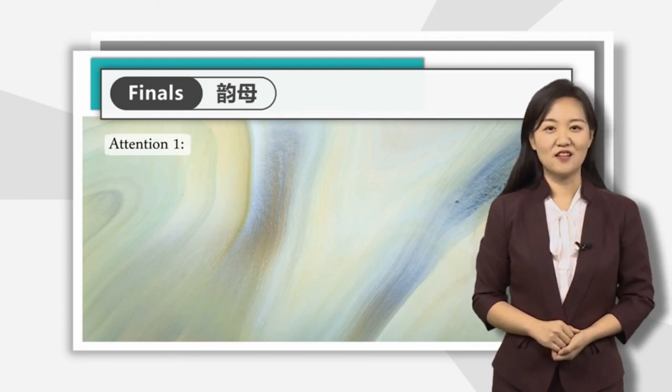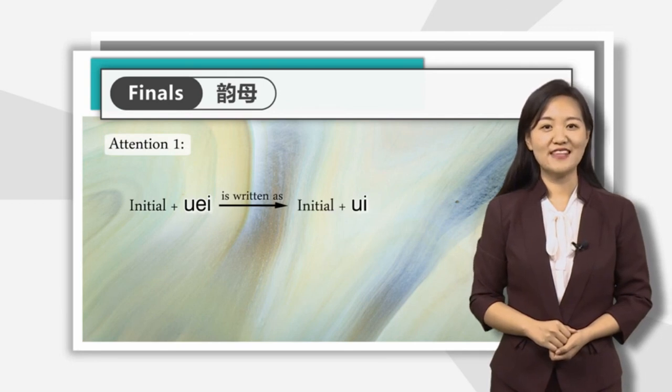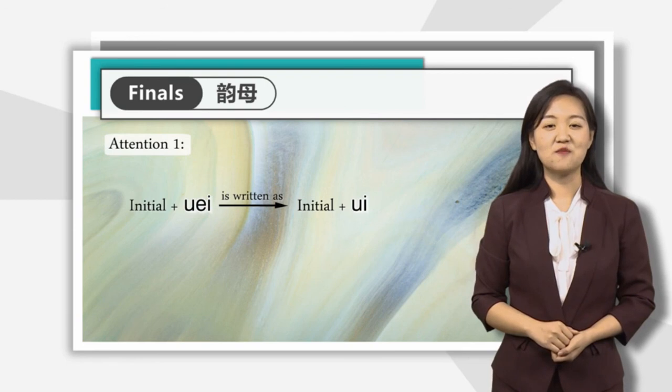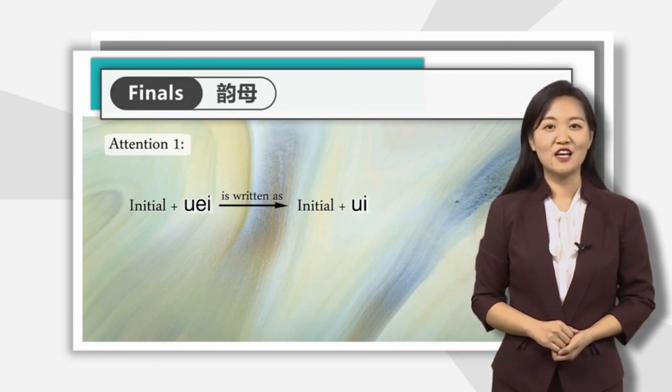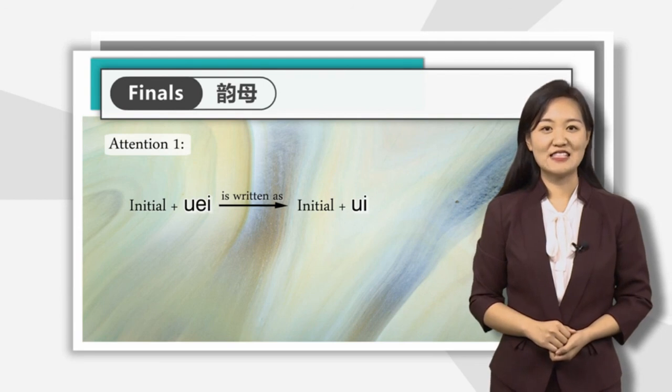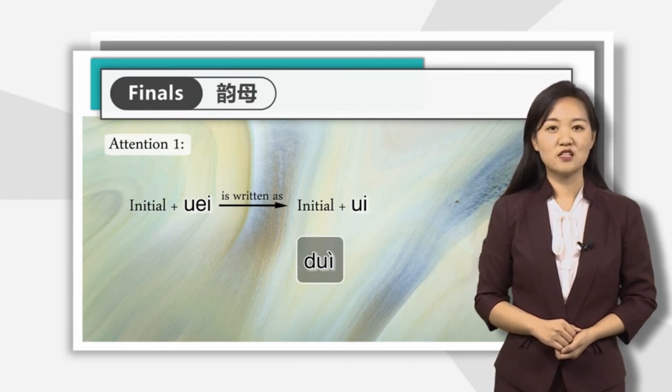Please pay attention. uei is written as ui in syllable. The middle letter is omitted. So when pronouncing ui, you should add the e sound in the middle. For example, 对, not 对.